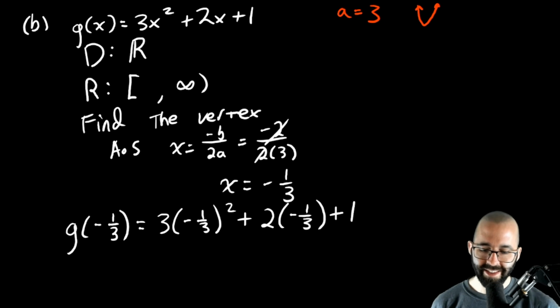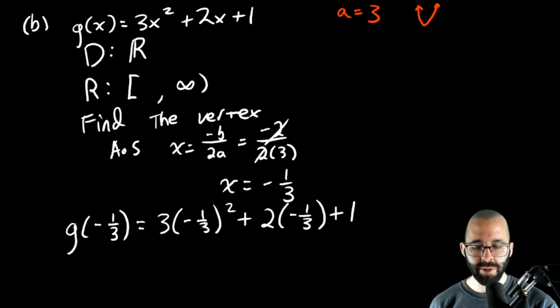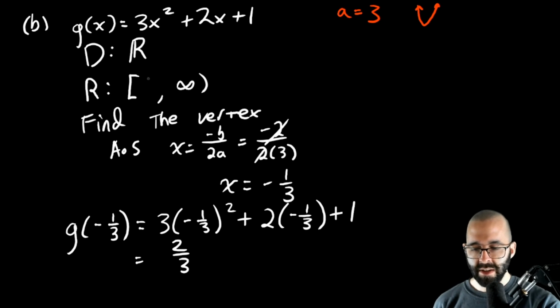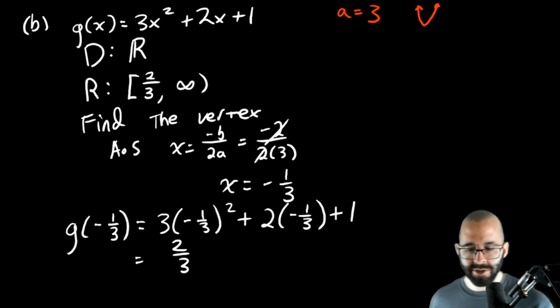All right, let's try it. Negative 1/3 squared is 1/9. 3 times a ninth is 1/3. 1/3 minus 2/3 is negative 1/3. Negative 1/3 plus 1 is positive 2/3. So the smallest this function should ever get is 2/3, and the biggest it should get is infinity.